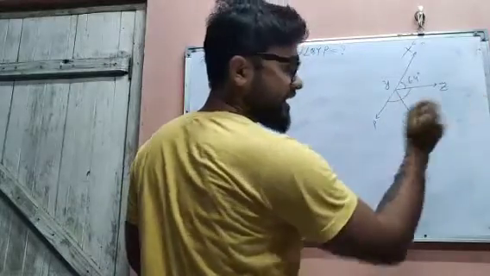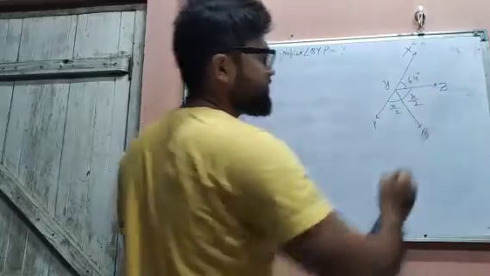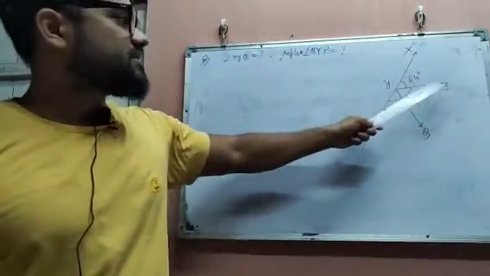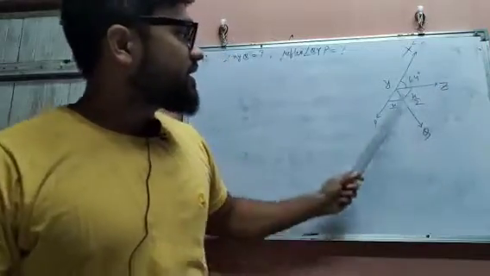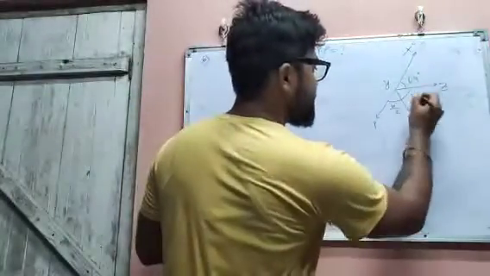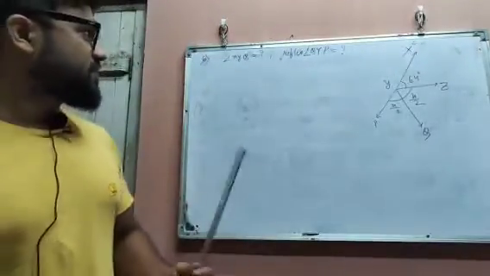Suppose this whole angle is x; then this will be x by 2 and this portion will be x by 2, because YQ is bisecting ZYP.